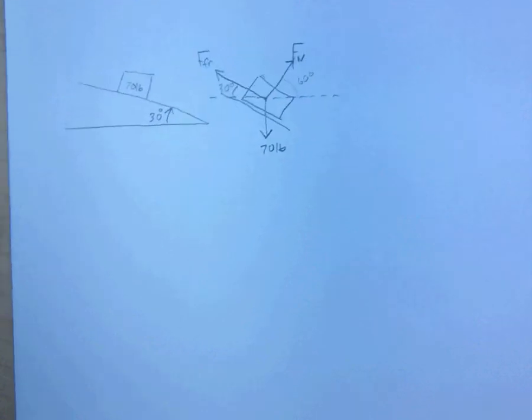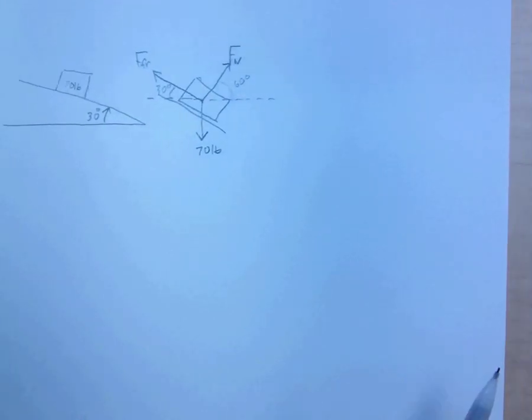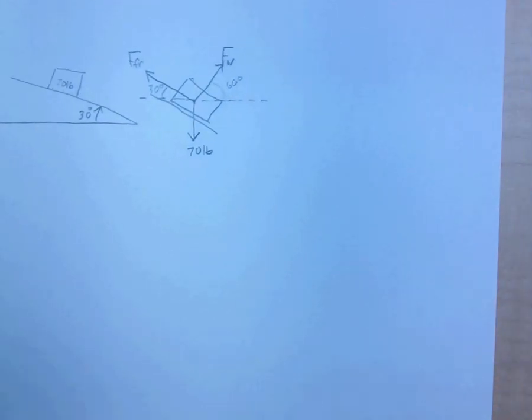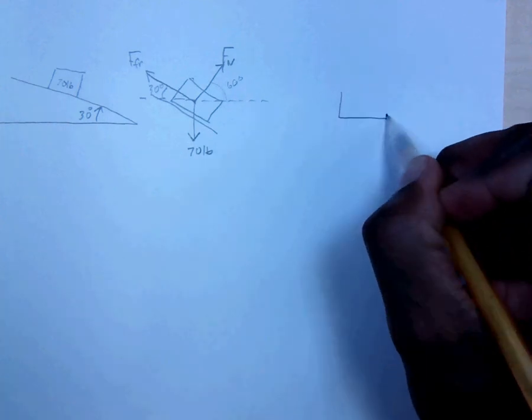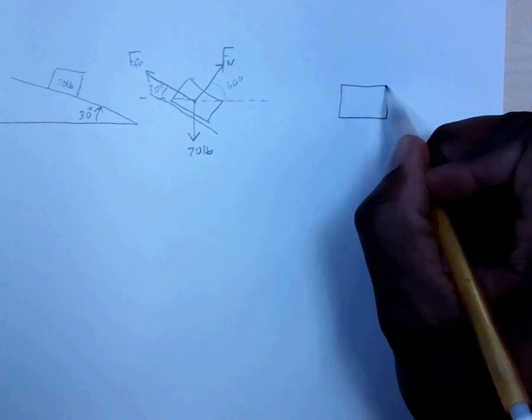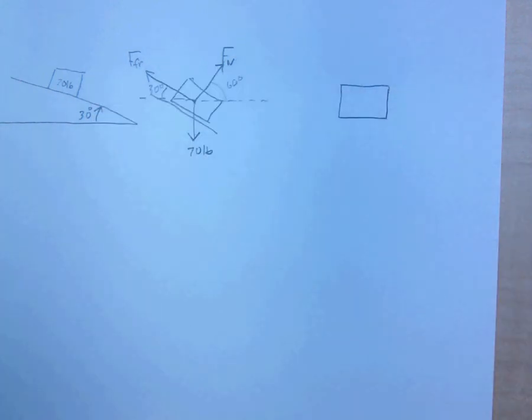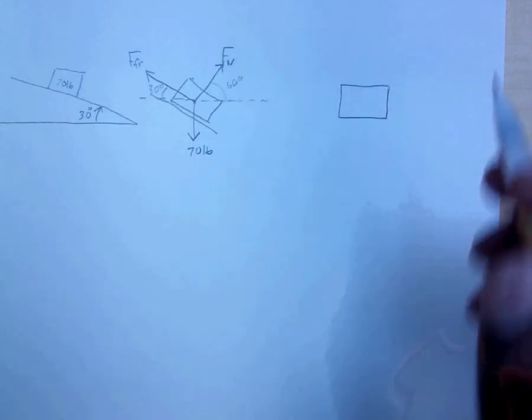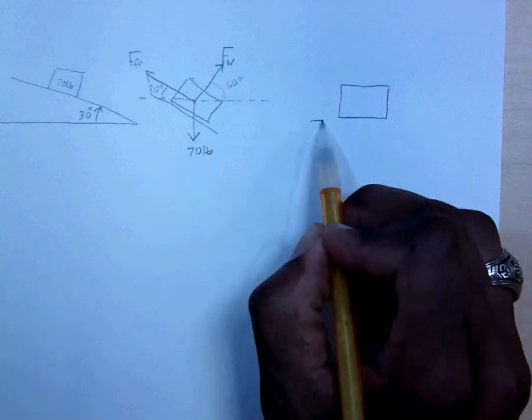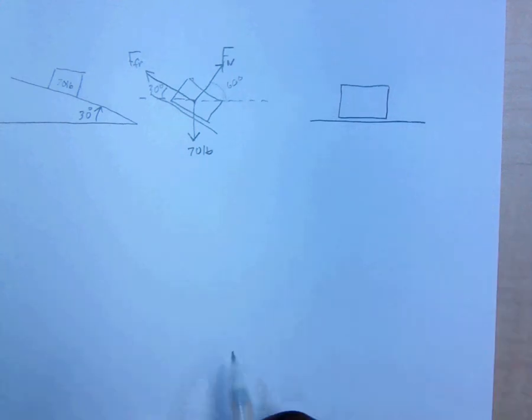So let's go ahead and redraw that. We're going to move this to the side here and redraw our box. Essentially what we're doing is rotating everything counterclockwise 30 degrees. When I rotate everything counterclockwise 30 degrees, this plane is horizontal.